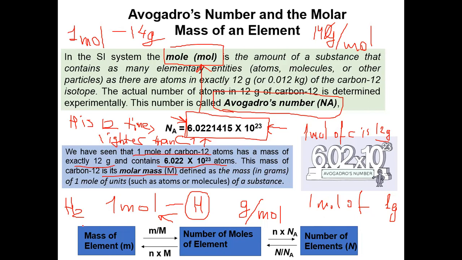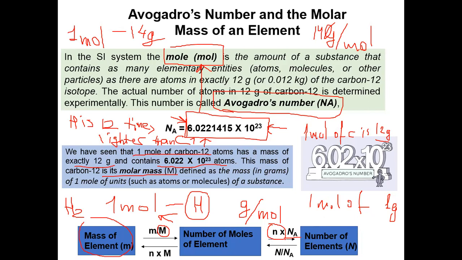Say the mass of the element is indicated as small m. If we want to find the number of moles of the element, we need to divide the mass of the element by the molar mass of that element. If we want to find the number of atoms in that amount of moles, we need to multiply the number of moles by Avogadro's number.